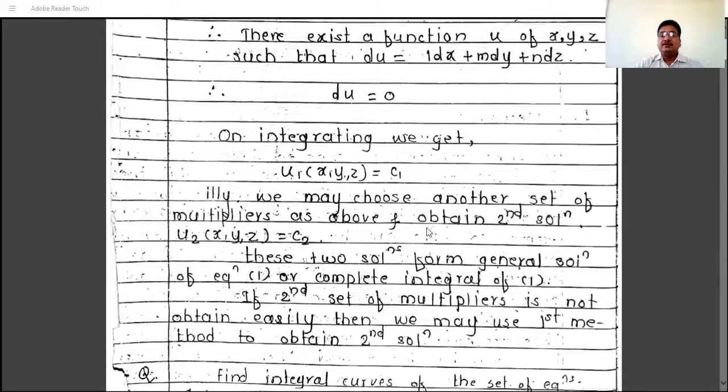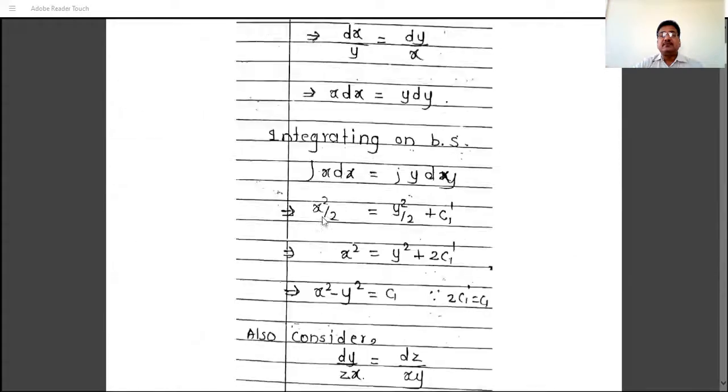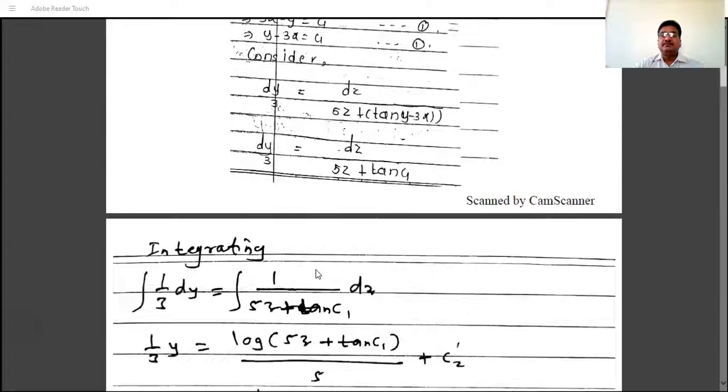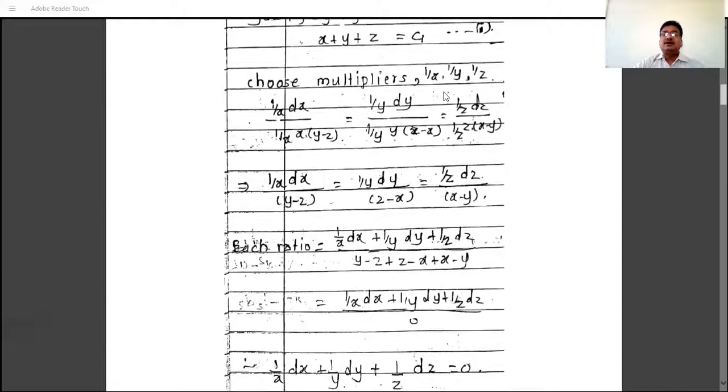So we may choose another set of linearly independent multipliers. So write here the words linearly independent multipliers. So this 1 by x, 1 by y and 1 by z is the second set of multipliers.